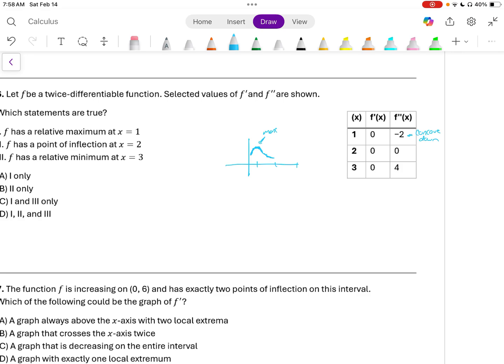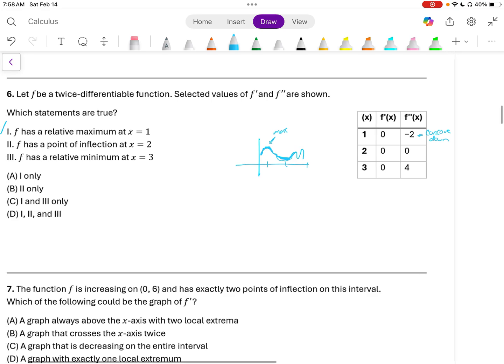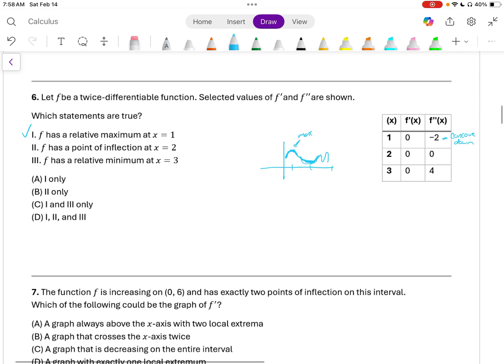It could be really flat here, kind of like the vertex of an x to the fourth, and then go back up. So this could have been first derivative is 0 and the second derivative is 0. So that would still be concave up. So that doesn't tell us anything. Again, also, all these things could happen between here. So this isn't necessarily true. It could be true, but not necessarily true.